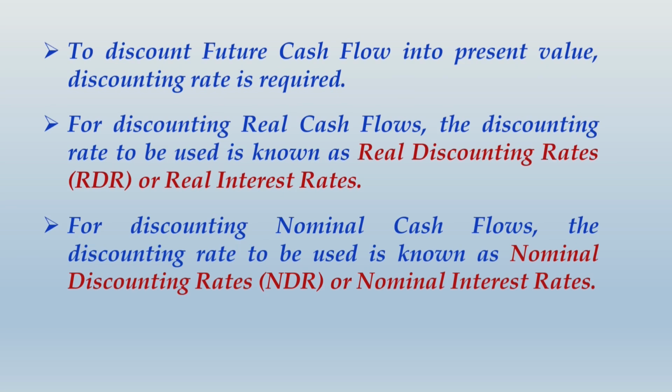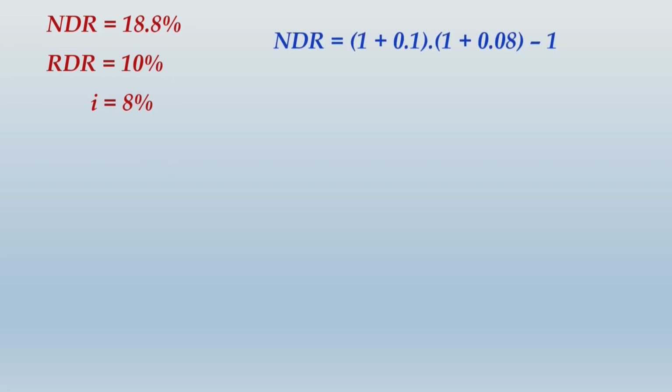Alright friends, once you have completed writing this whole thing, let me take you ahead and now we discuss something very, very important. In our example, NDR, that is the nominal discounting rate, was 18.8%, RDR, that is the real discounting rate, was 10%, and small i indicates the inflation rate, that is 8%. So if you want to compute NDR, you can simply pick your calculator, take 1 plus RDR, that is 1 plus 0.1, which makes it 1.1.